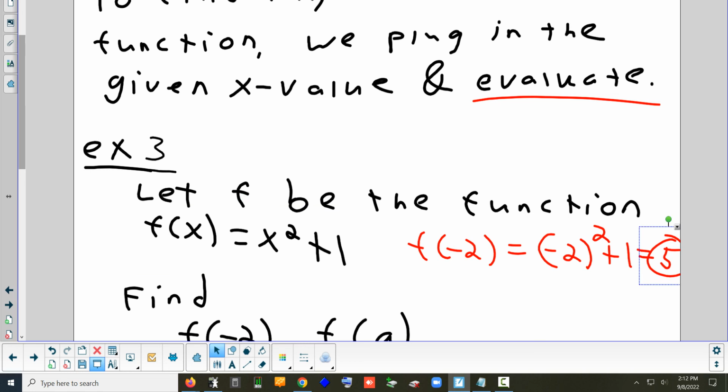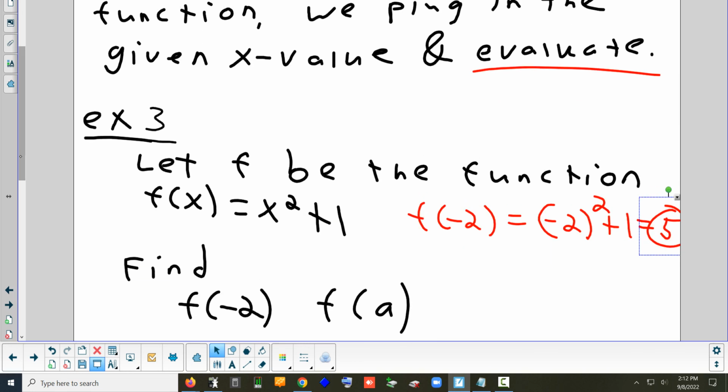You could do that with a bunch of different numbers. Let's try it with A. What do I get if I replace all the x's in my formula with a's? What is it? So what would you put down?